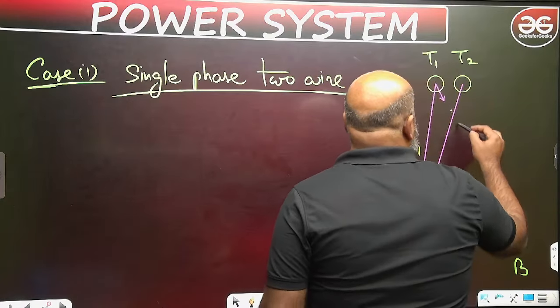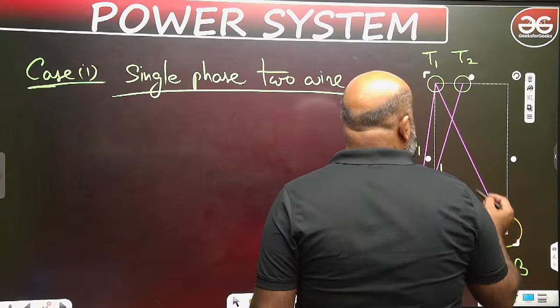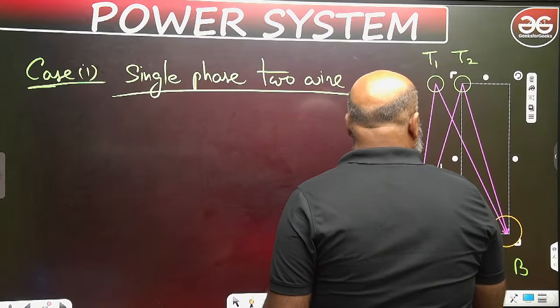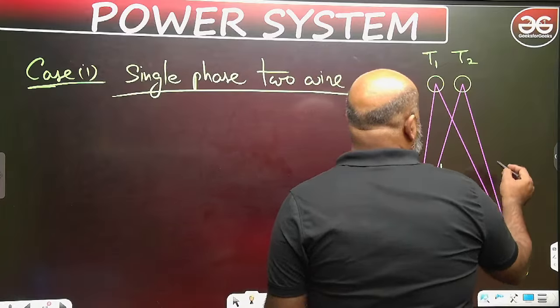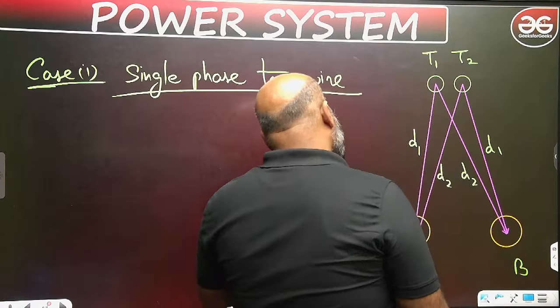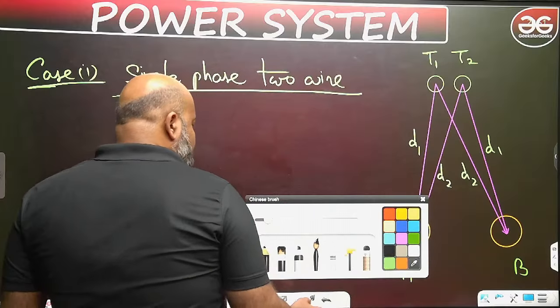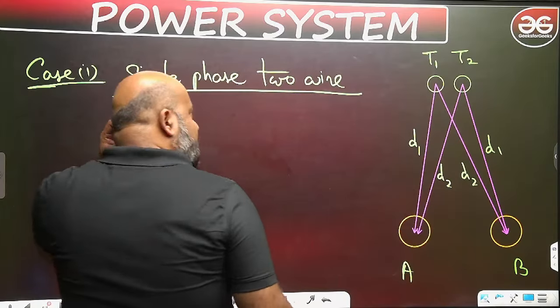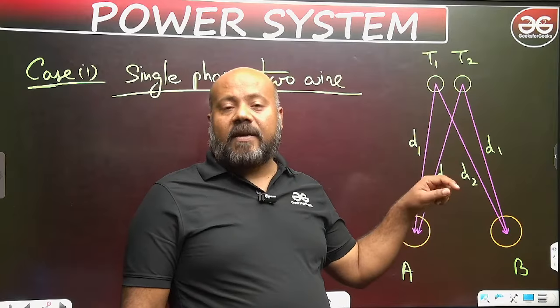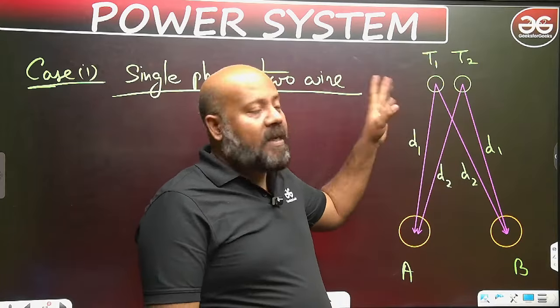Similarly, I am defining this as D1 and this as D2. Suppose I want to know what is the net induced EMF in this telecommunication line.